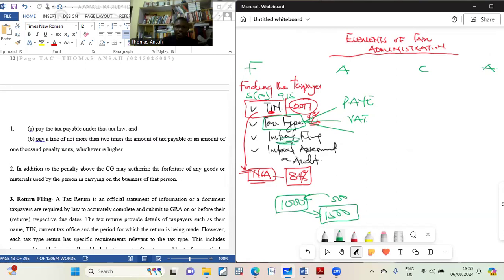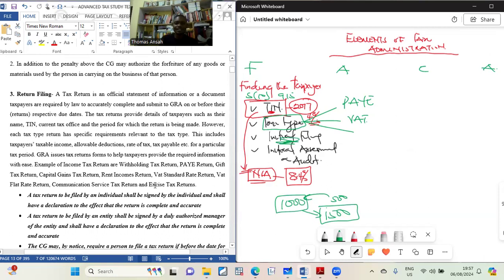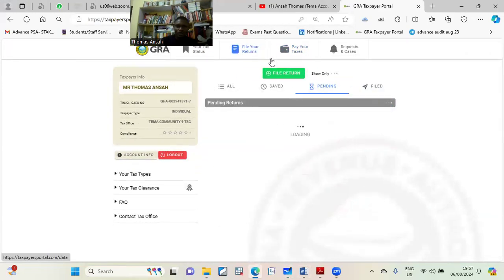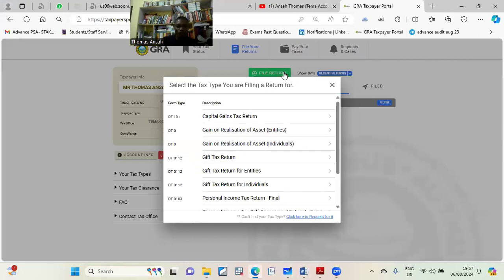Then, the third thing is return filing. What is a return? A return is just a form on the GRA platform, a document that you fill to give the GRA information about yourself. So if I go here, let's say I want to file a return, they will ask me which one I am filing for.